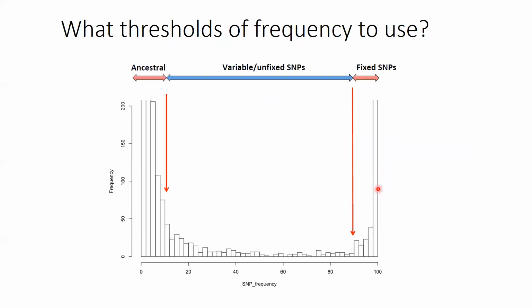So, what kind of thresholds do we use to decide whether we call a SNP as fixed or as variable? What I have shown you before was really a simplification. In reality, it's not always very easy to decide when alleles are fixed or not, and the reason for that is that our sequencing methods have some error associated.